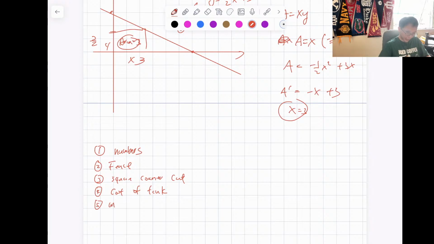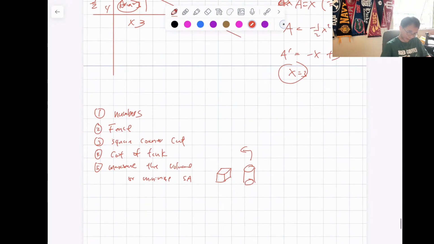Fifth, it could be maximize the volume or minimize surface area of a rectangular prism or a cylinder. And cost could be either way as well. What other question might you have? Question 6?